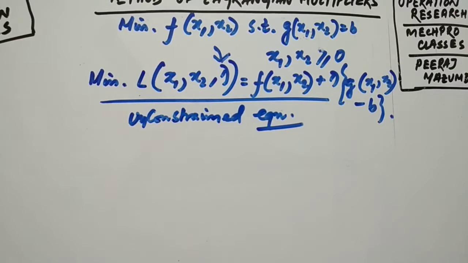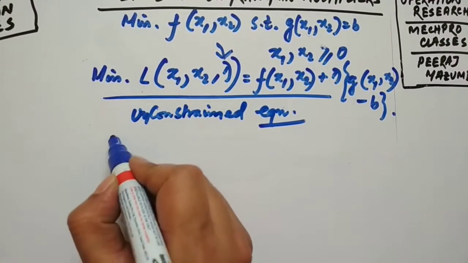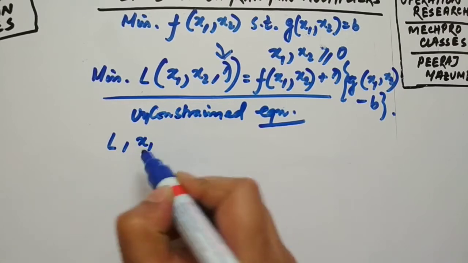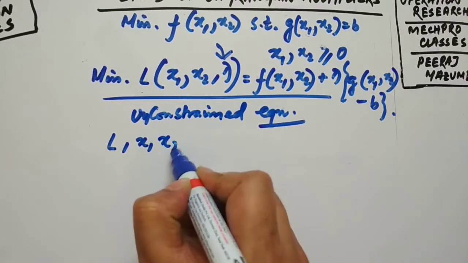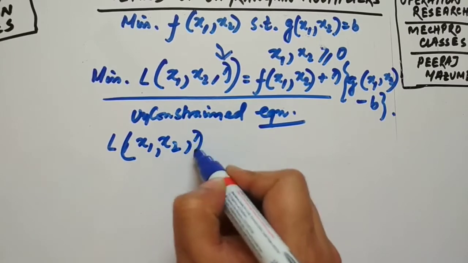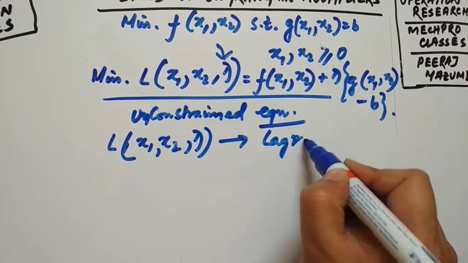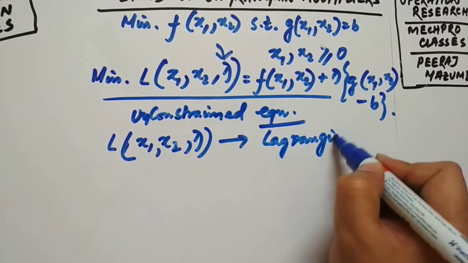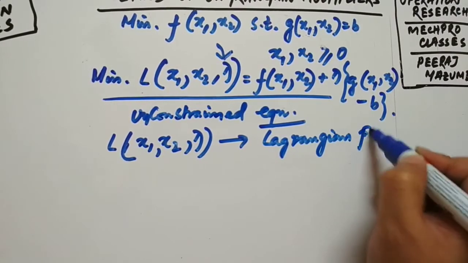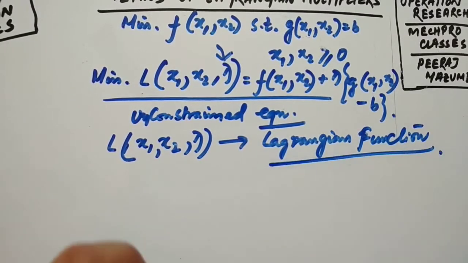Now I can write it down as L of x1 comma x2 comma lambda. You can write it as a Lagrangian function. Okay, so it is a Lagrangian function.